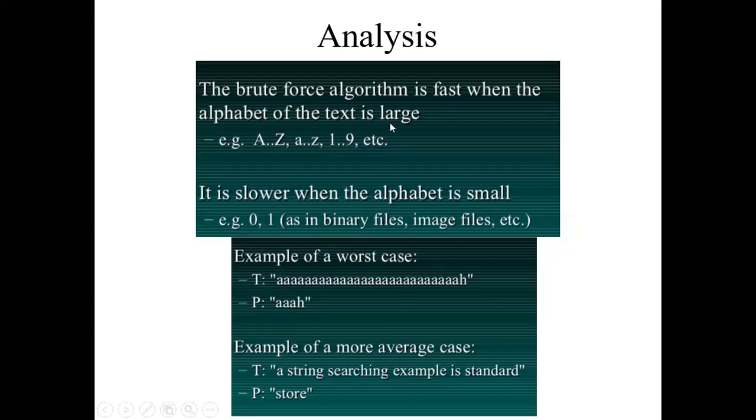Brute force is fast when the alphabet of the text is large and it is slower when the alphabet is small. Again, this is a question that may be asked during evaluation.